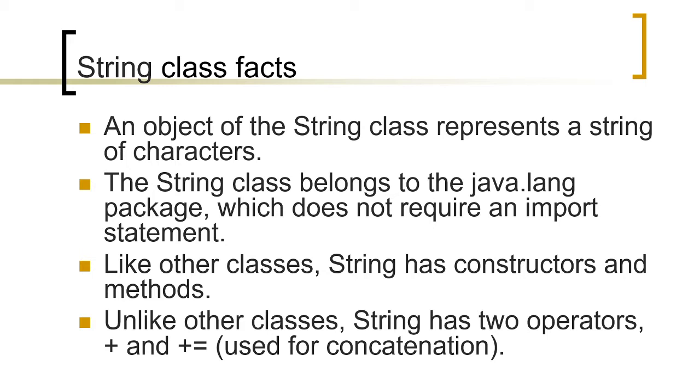Like other classes, since string is a class, it also has constructors and methods that we could use. Unlike other classes, the string class has two operators for concatenation: the plus sign and the plus equal sign. So we can concatenate string literals using those operators.